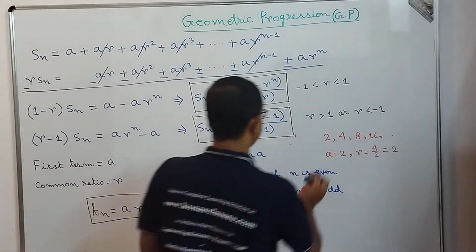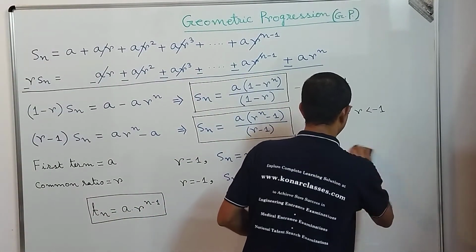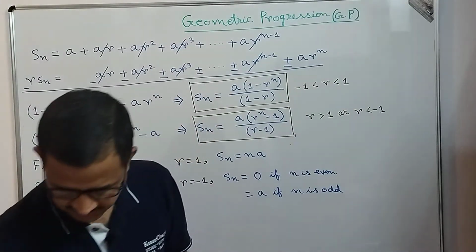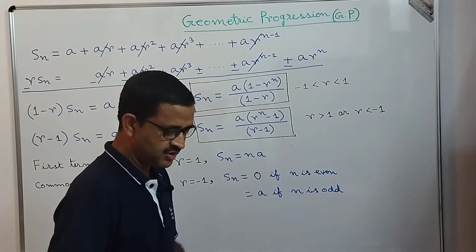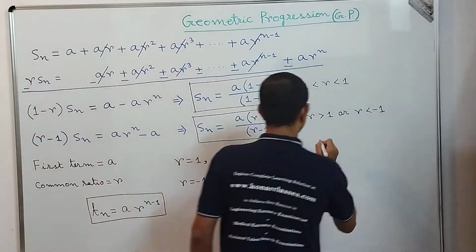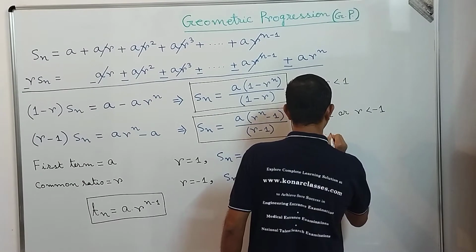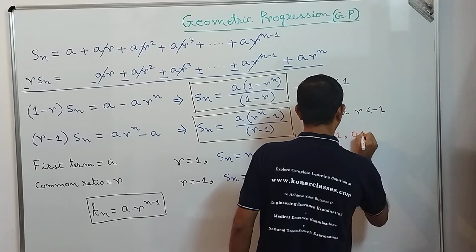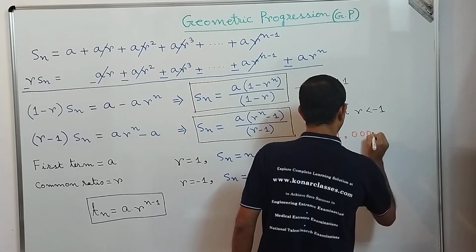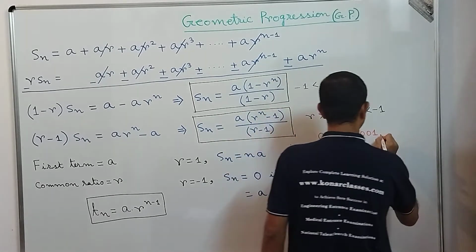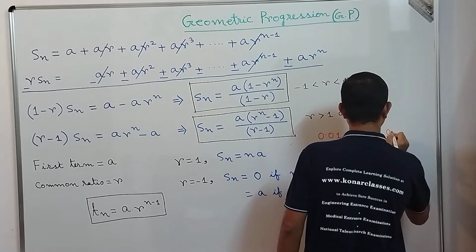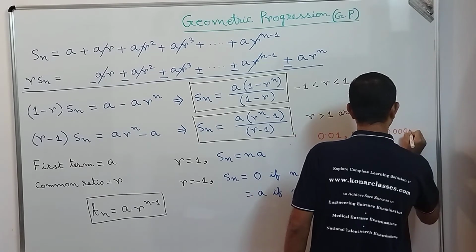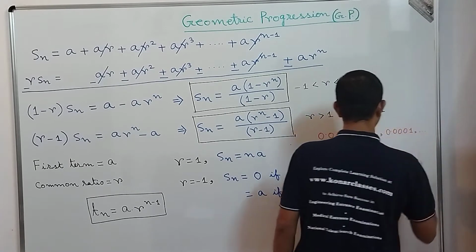geometric progression. So let me write another geometric progression here. For example, we write the first term as 0.01, then the next term is 0.001, the next term as 0.0001, and so on.